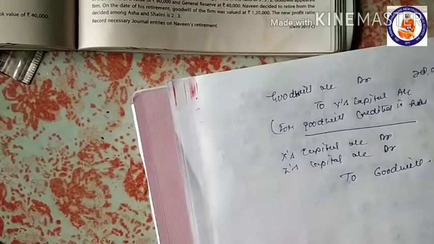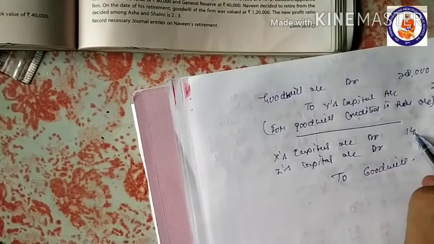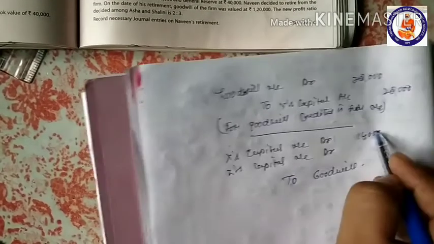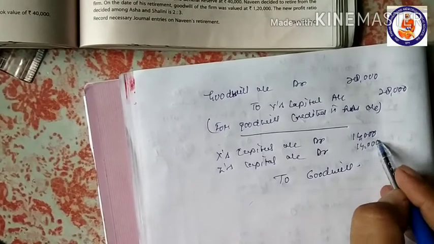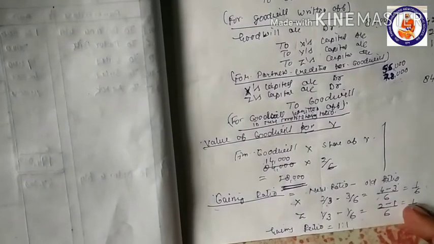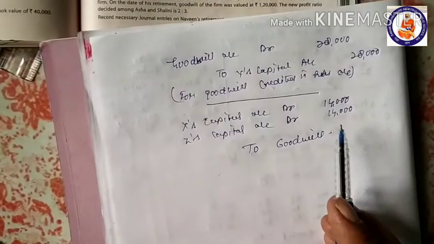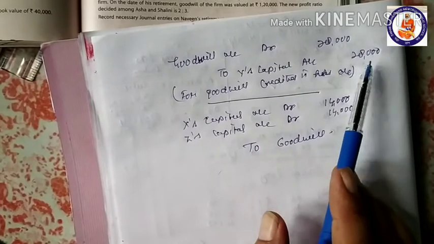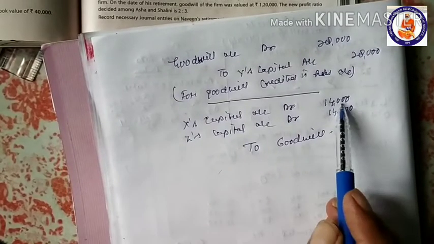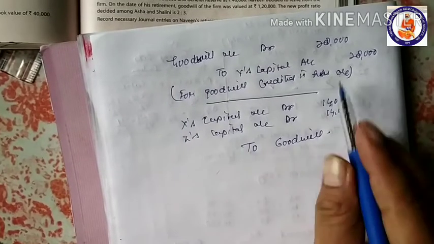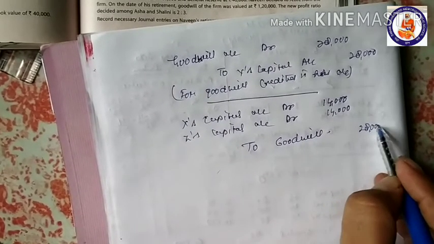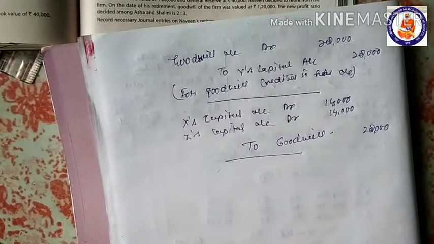It is equal, means 14,000 will be borne by X and 14,000 by Z, because we had calculated this gaining ratio as 1:1. So the 28,000 which is to be given to Y will be borne by X and Z in equal ratio, 14,000 each, since goodwill was opened with 28,000.